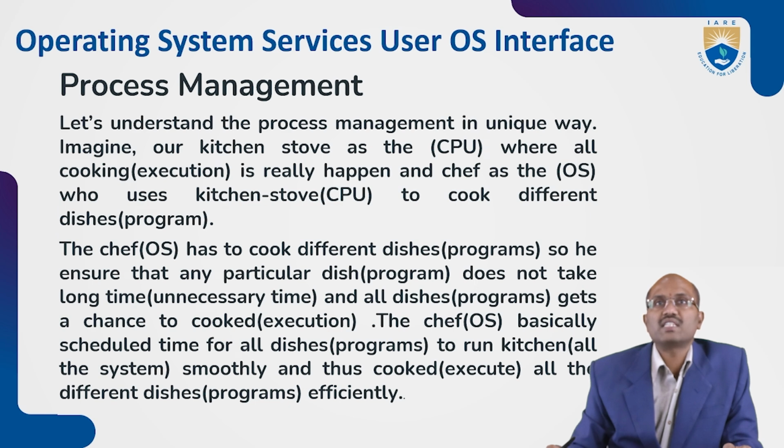The chef operating system has to cook different dishes, programs, so he ensures that no particular dish takes unnecessary long time, and all dishes, programs, get a chance to cook. Cooking means execution. The chef, the operating system, basically schedules time for all dishes as programs to run the kitchen, the system, smoothly, and thus cooked means executed: all the different dishes, meaning programs, efficiently.